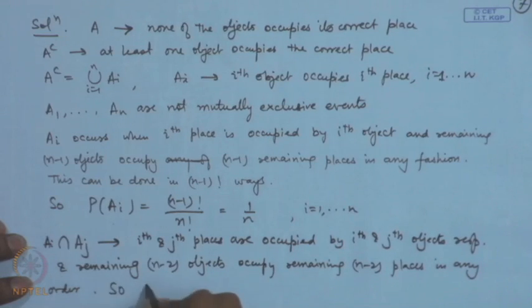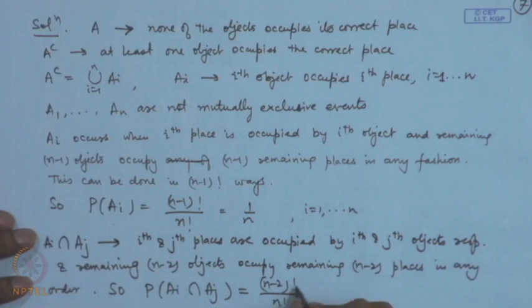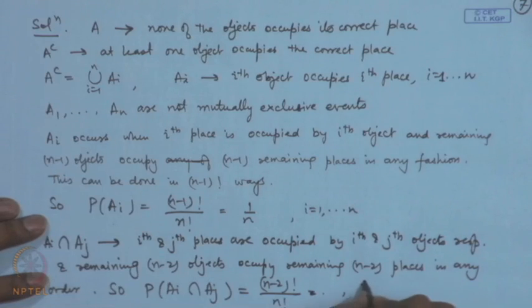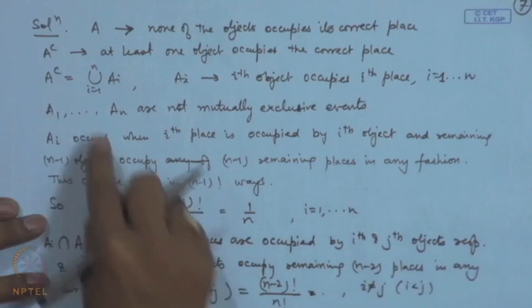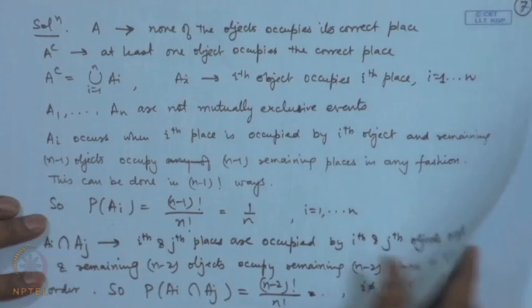So, probability of Ai intersection Aj will become n minus 2 factorial divided by n factorial. Now, here i is not equal to j. Of course, we should take i less than j, because when we are writing down the formula for the union, I need to take only one order.